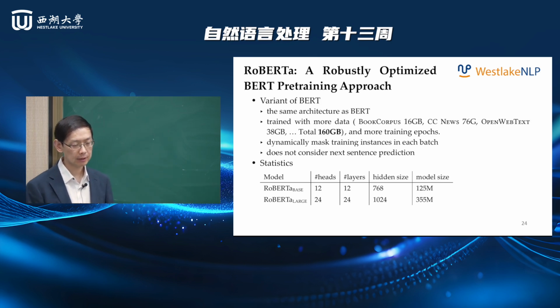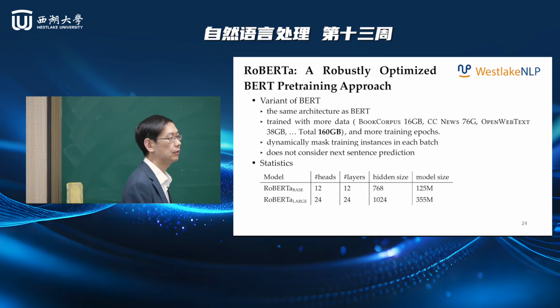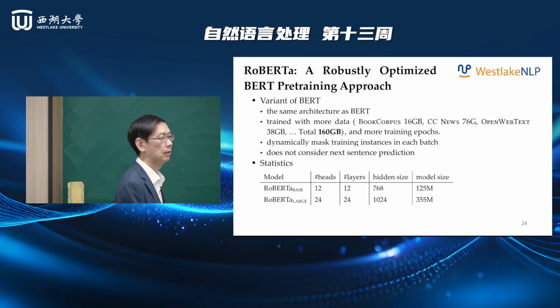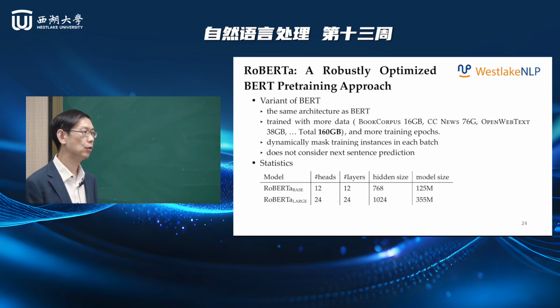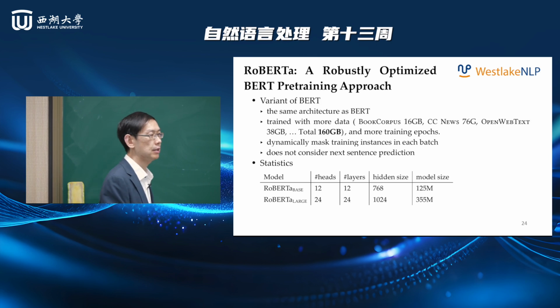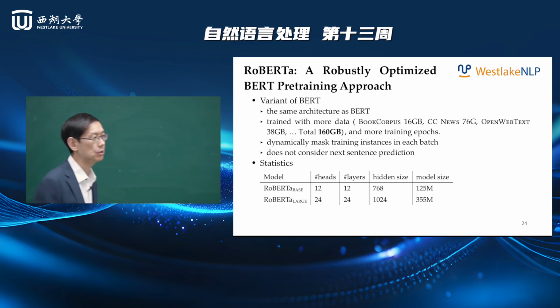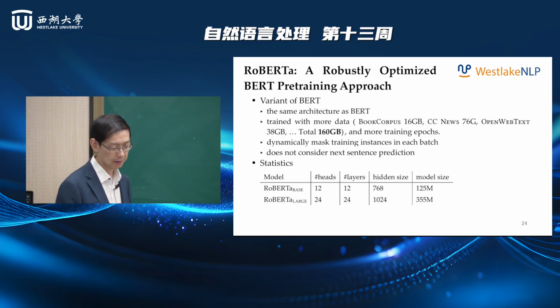But Roberta takes a different strategy by dynamically doing the masking. In each training epoch, before the sentence is fed into the language model, you randomly mask a few tokens. So over different training iterations, you see different maskings for the same sentence. This is the first innovation.